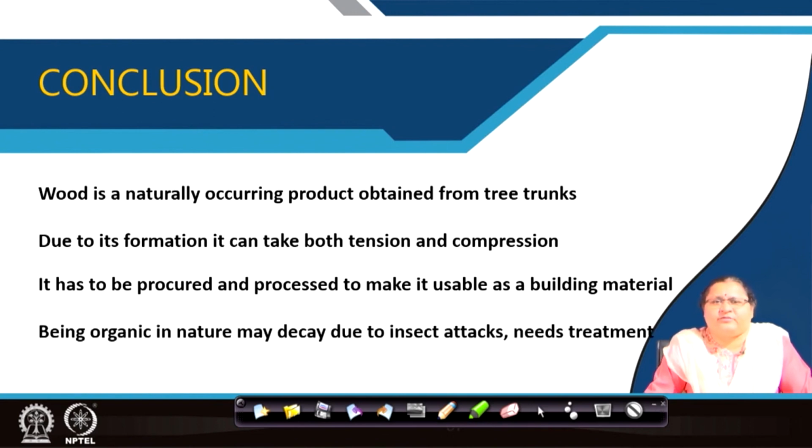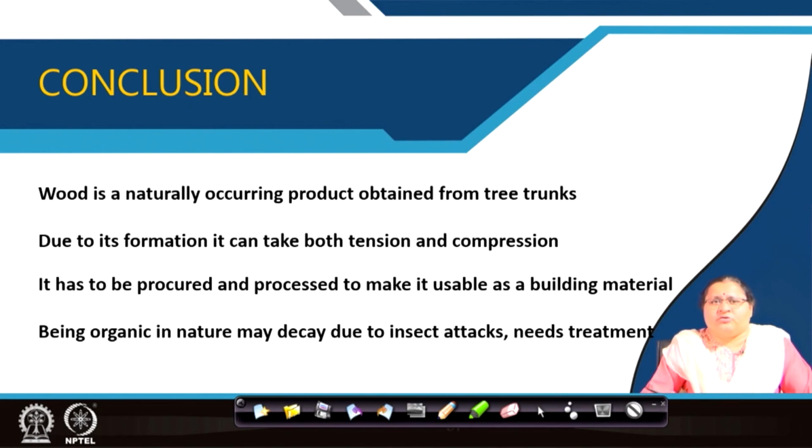And you have to be very careful that being an organic, naturally occurring product, it is liable to decay due to attacks of insects and termites, which are very common, and it needs treatment.